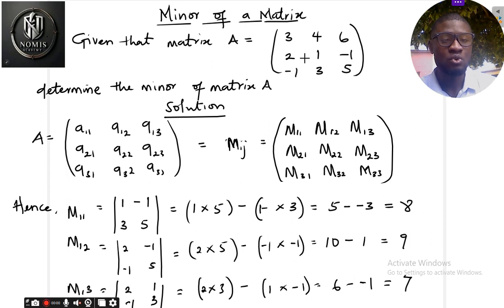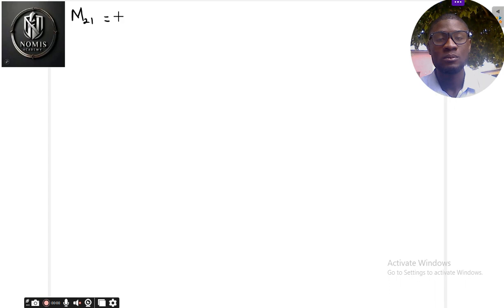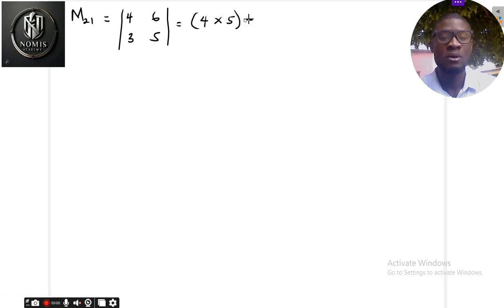We'll be left with 4, 6, 3, 5. To find the determinant, we say 4 times 5 minus open bracket 6 times 3. This gives us 20 minus 18, and that is just 2.